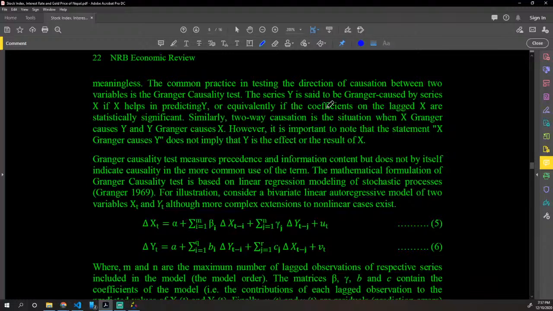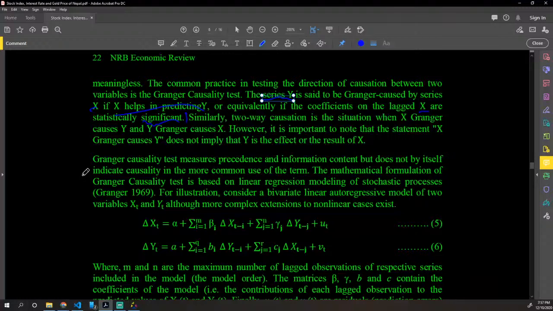The series y is said to be Granger caused by series x if x helps in predicting y, or equivalently if the coefficients of the lagged x are statistically significant.